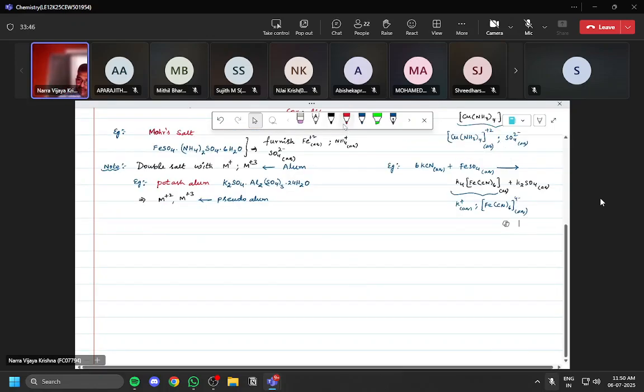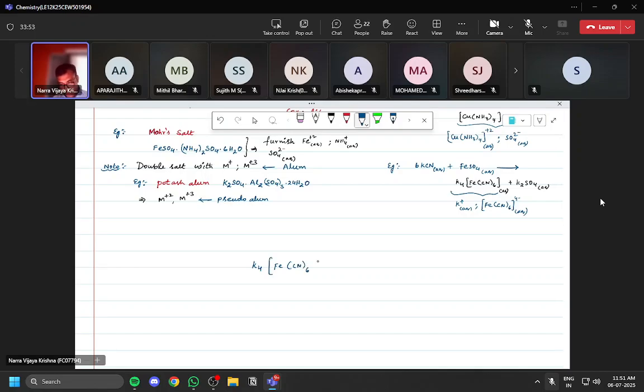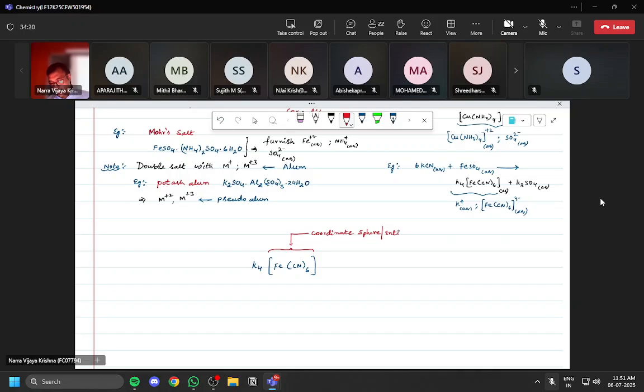Terminology. For example, I am taking one complex, K4[Fe(CN)6]. In this, whichever part is mentioned in square brackets, we call it the coordination sphere, or coordination entity.